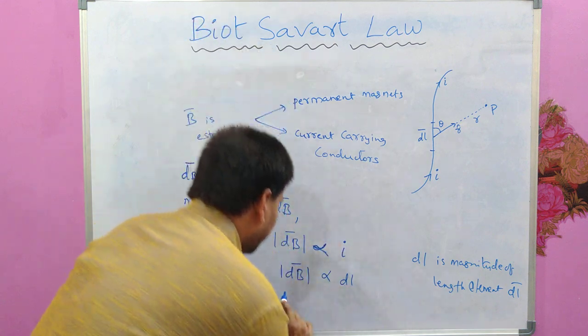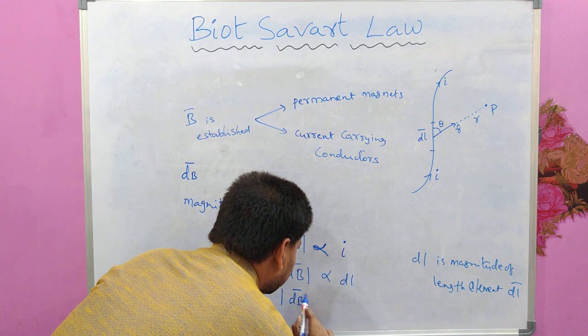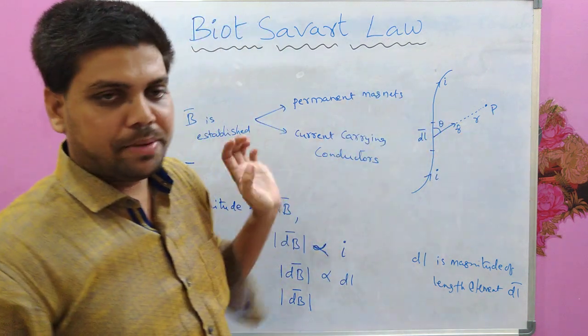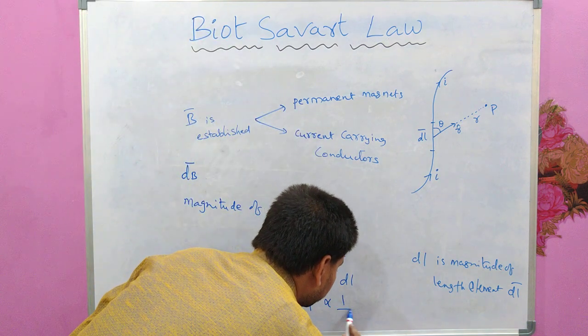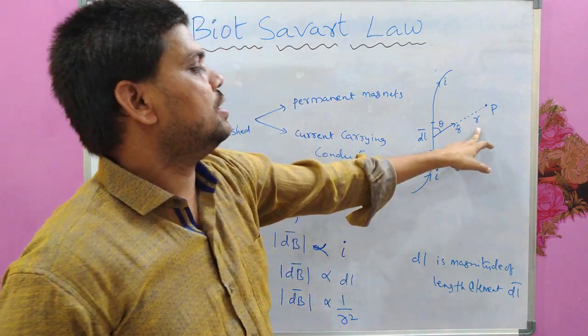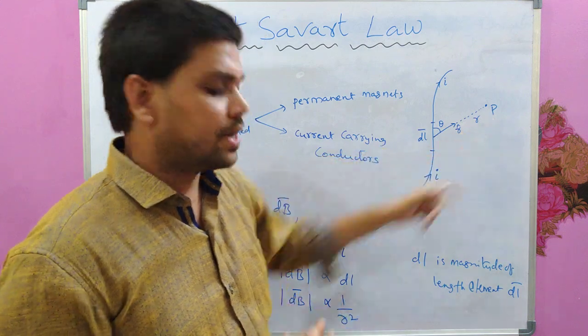And this was also observed that the magnitude of this magnetic field dB at point P due to this element dl is inversely proportional to the square of the distance between the length element and the point where we are finding the magnetic field.